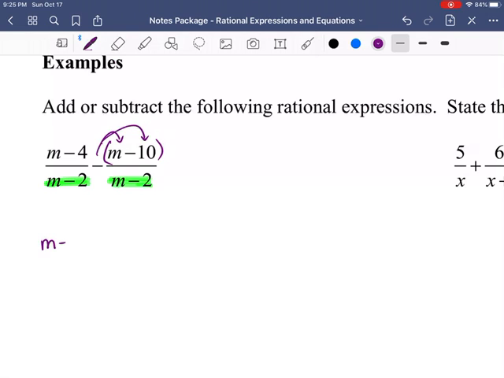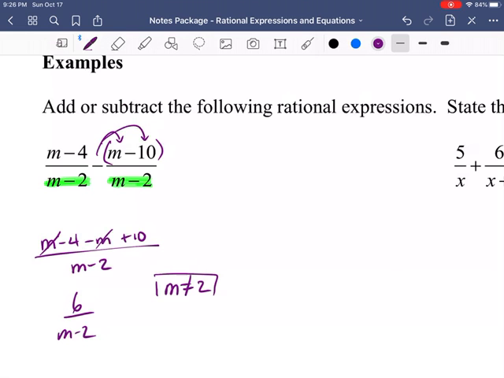So you have m minus 4 minus m plus 10, and the denominator is just going to stay the same. If you collect your like terms, the m minus m gives me nothing. Negative 4 plus 10 leaves me with positive 6 over m minus 2. And our non-permissible values, m cannot equal 2.